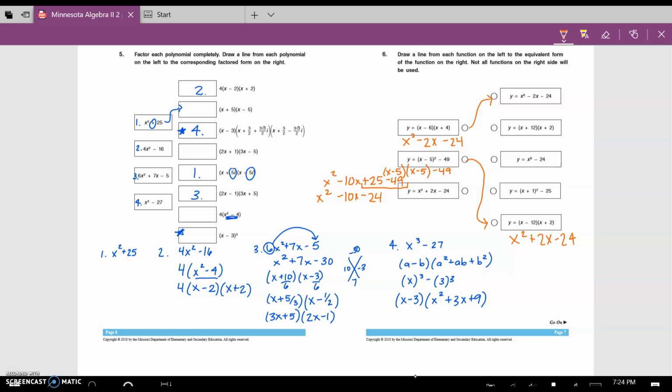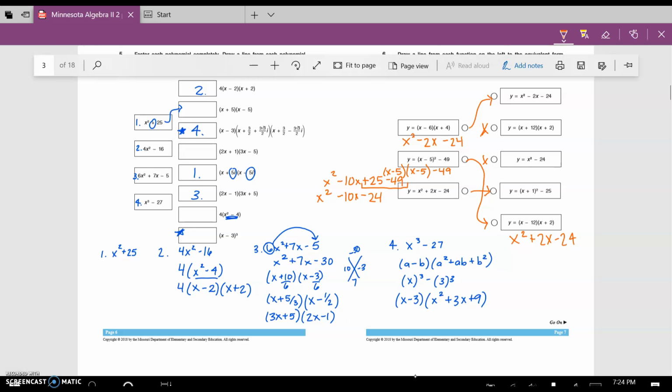For B, I have positive 12 and positive 2, so that's going to be a positive 24, so it's not going to be this one. Okay. Again, here, it's not going to be C, right, because it doesn't have a middle part, so that doesn't make sense. So it has to be this one, but let's find out how it's that one.